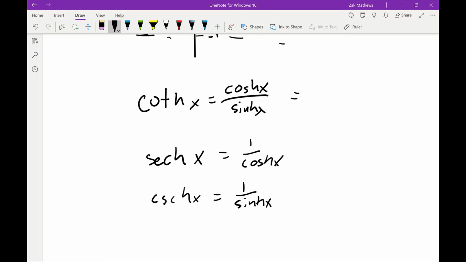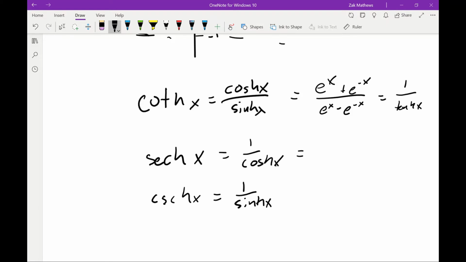And so we could express all of these in terms of those e functions as we had done initially. The coth is e to the x plus e to the negative x over e to the x minus e to the negative x, which another way to think about that would be 1 over the tanh function.